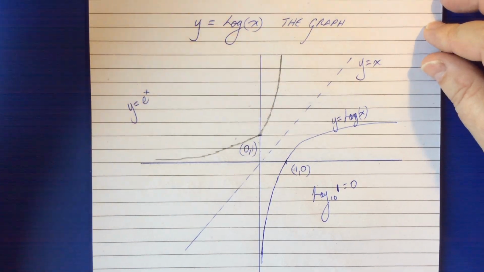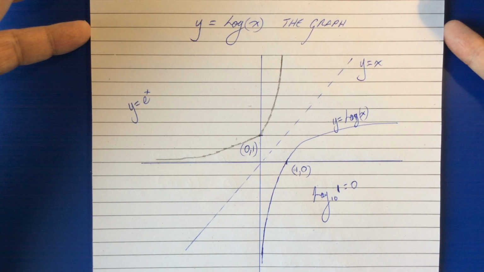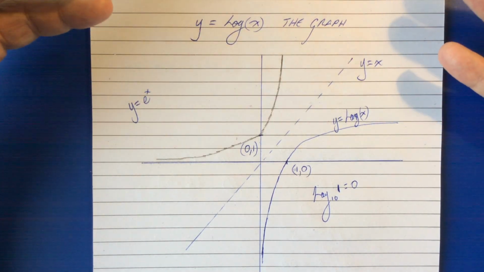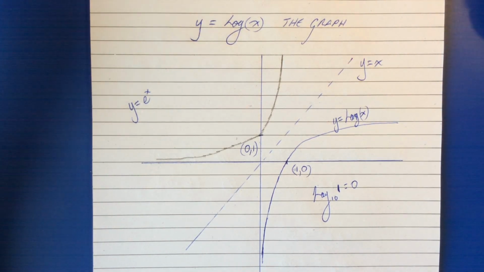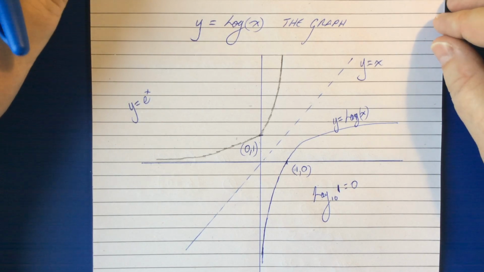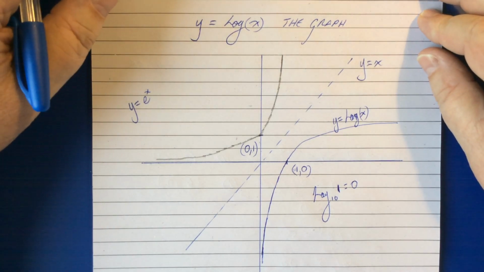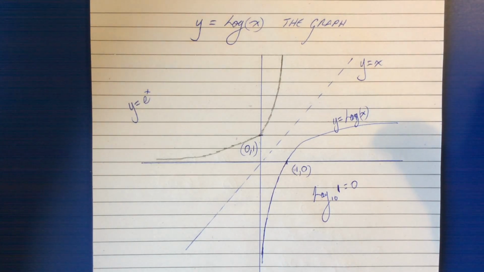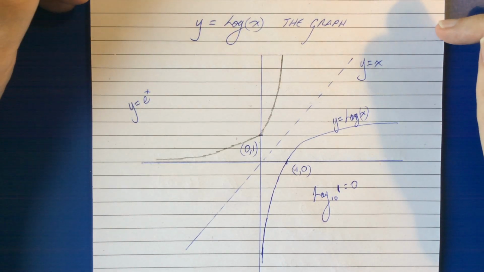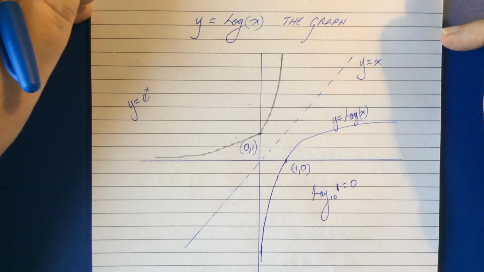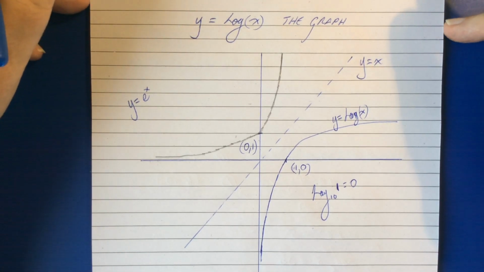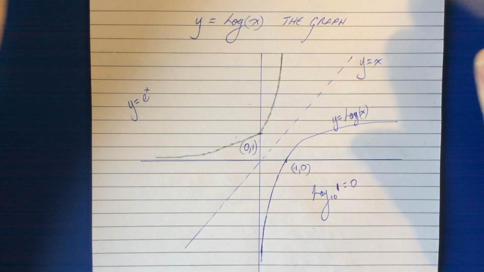I think that's all I want to say. This is just an introduction to logarithm graphs. There'll probably be a lot more videos in this series, because I'm sure that it pops up certainly in the high school curriculum, and undoubtedly in various subjects at university.